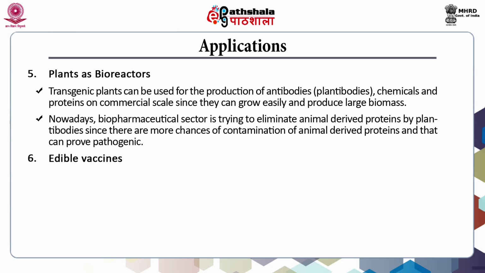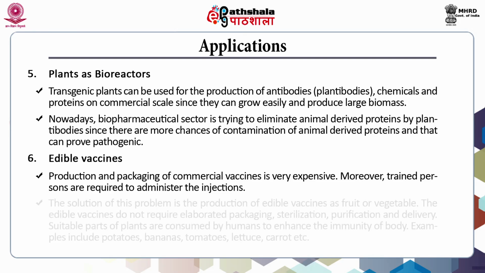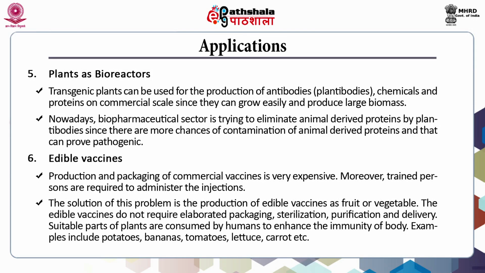Second is edible vaccines. Production and packaging of commercial vaccines is very expensive. Moreover, trained persons are required to administer the injections. The solution to this problem is the production of edible vaccines as fruit or vegetable.